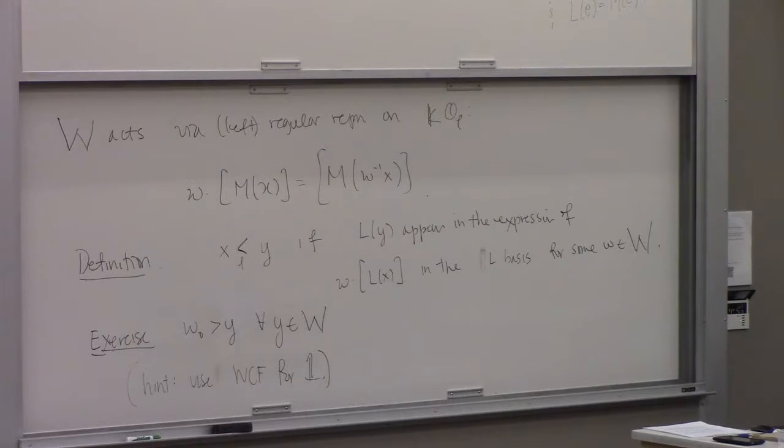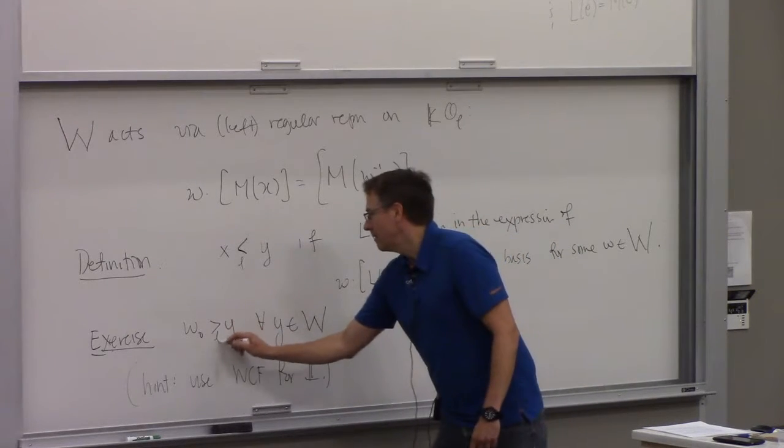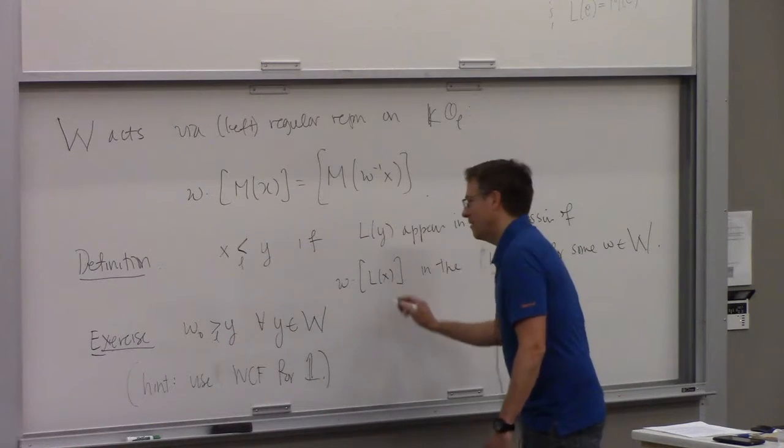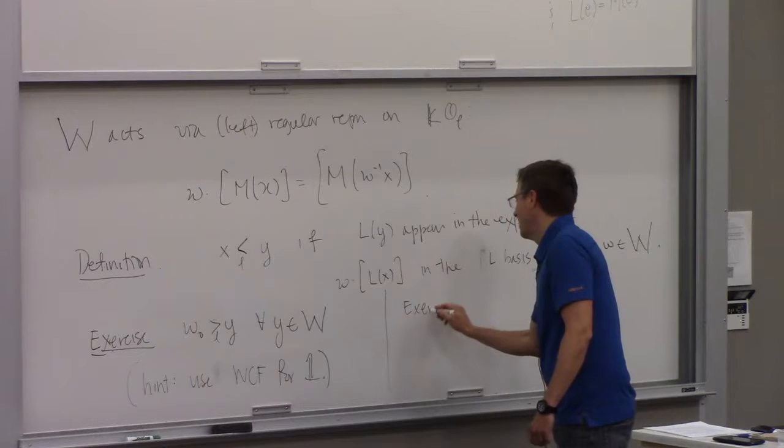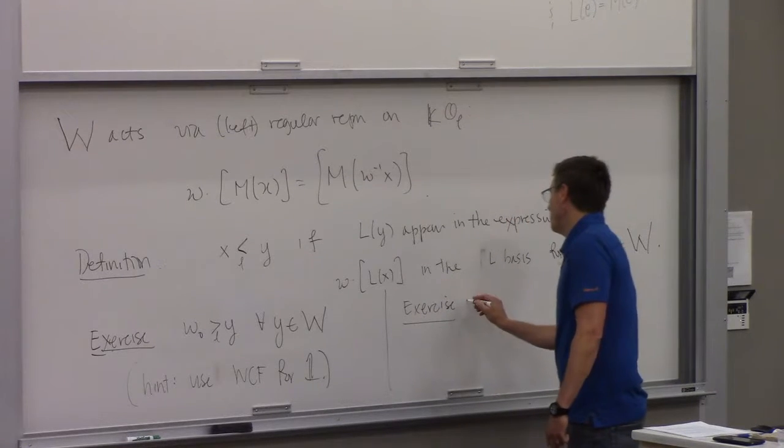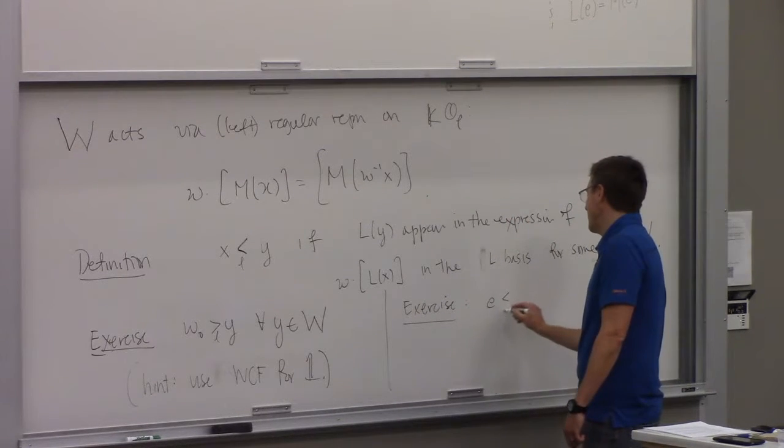So it's not true that one is smaller than everything? And it is, and there's a companion exercise, which is that the identity is less than everything.